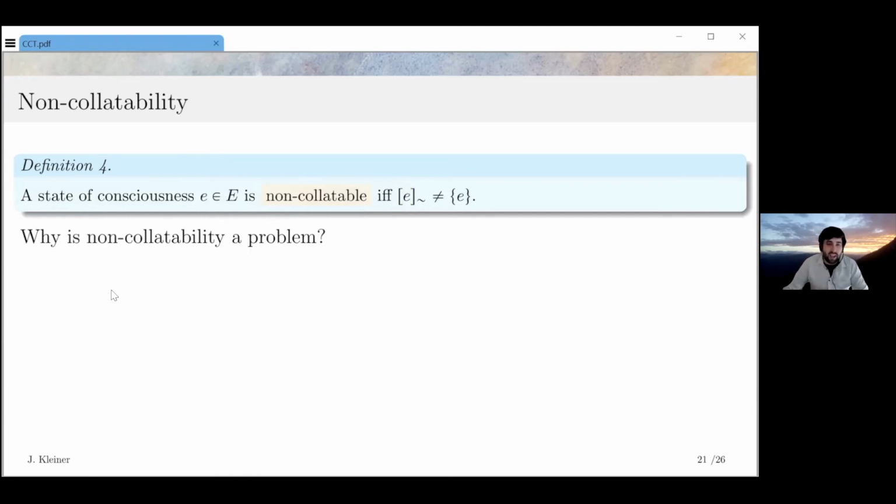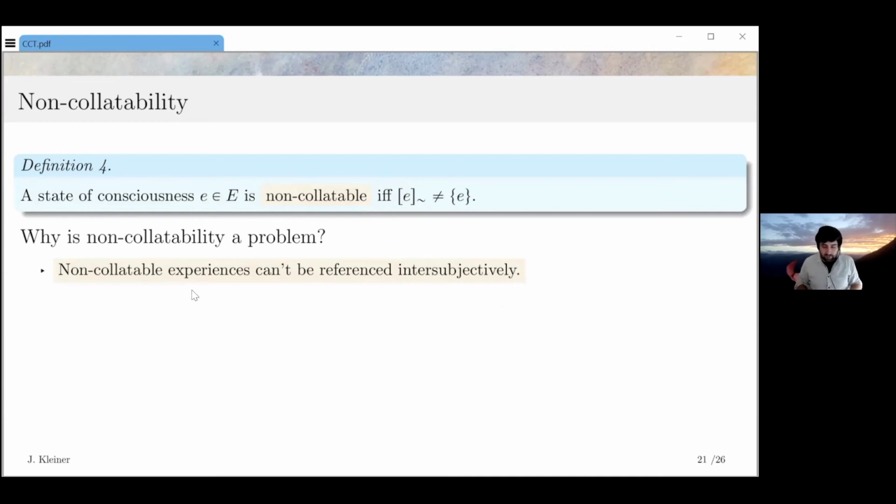Okay, and so why would non-collatability be a problem? Well, the essential point is that non-collatable experiences can't be referenced intersubjectively, at least in a well-defined way. If I don't know whether, when Hiro says green, he actually means green or red, then whenever I pretend that I can intersubjectively reference his experience of green, I'm making a mistake.